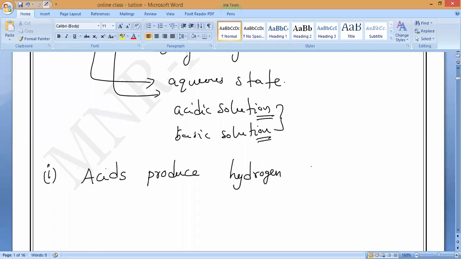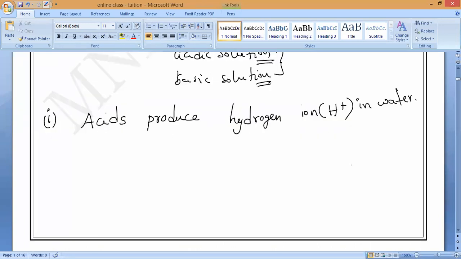Acids produce hydrogen ions when dissolved in water. That is what you have to remember. So acids produce hydrogen ions in water. When an acid is added to water, only then will it produce the hydrogen ions.